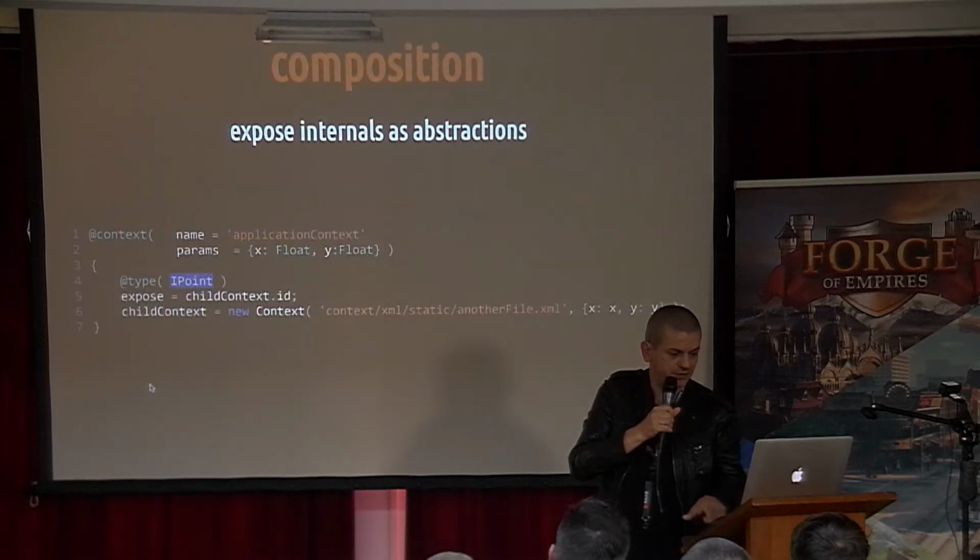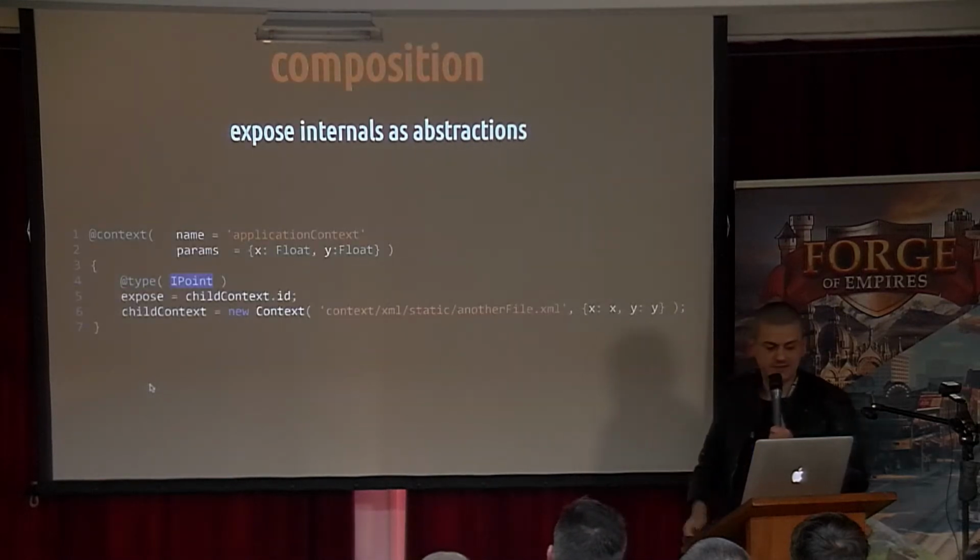And another feature that I didn't have last year was Composite DSL. So for example, this is an application context, and the idea was to load another one with another protocol, for example, to have a subworld inside the main world, and to access them and pass parameters and everything.